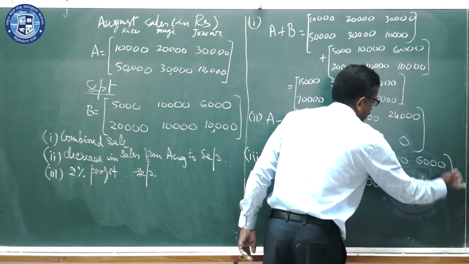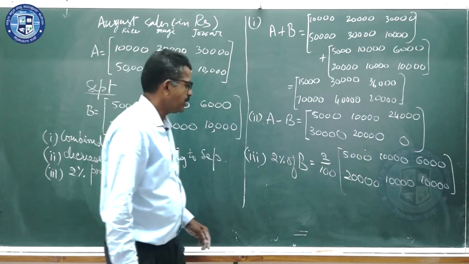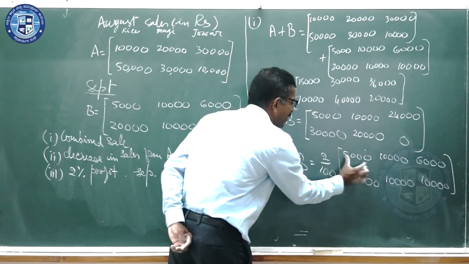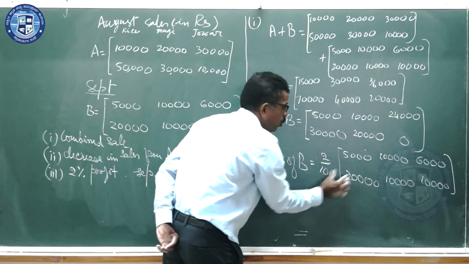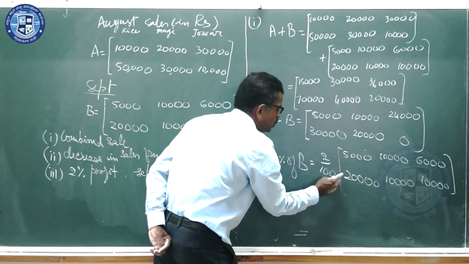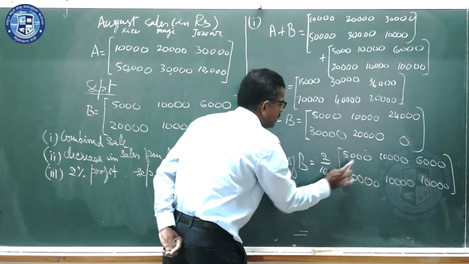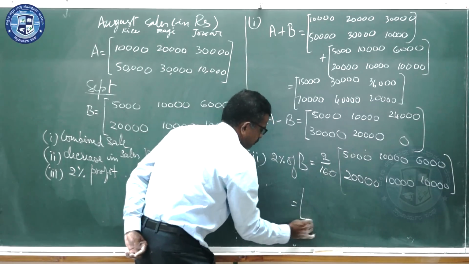Okay, so we have divided by 100, this will be easy. Without using a calculator also you can get it done. What is 5000 divided by 100? The 2 zeros get cancelled here. Therefore it is 50 into 2, it is 100.